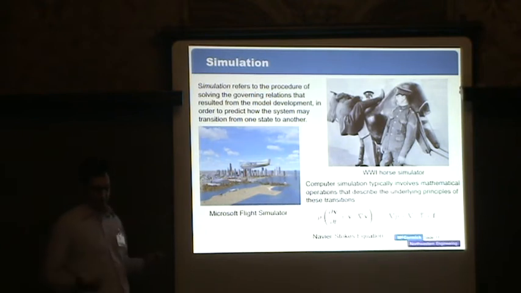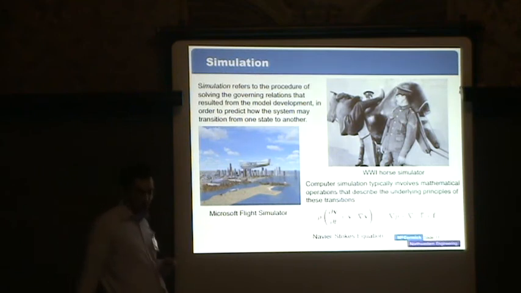And then the basis of simulation, of course, refers to the procedure of solving the governing equations that results from the model development. So this is basically to predict how we go from state A to state B. And when you Google simulation on the web, you get a picture like this. World War I horse simulator.